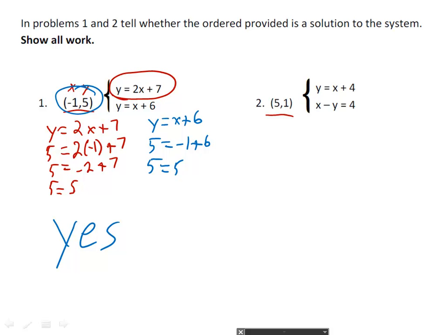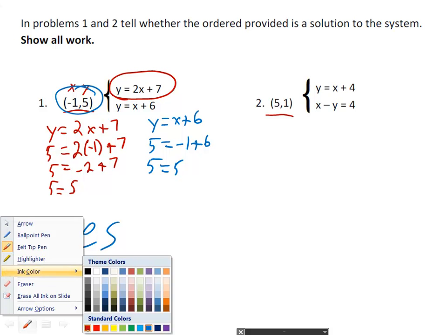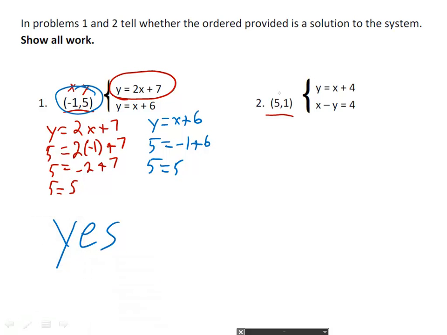All right. Now we have this one here. They proposed, again, a new x and y value, ordered pair, as our solution to this system. So let's plug these in and see. So we start with the first equation, y equals x plus 4. I have an x of 5, so I'm going to put 5, and I have a y of 1.